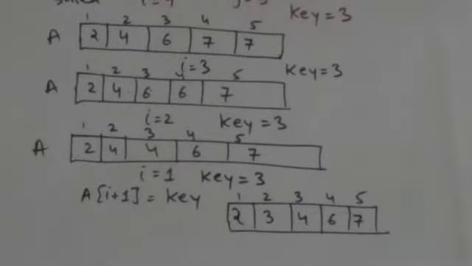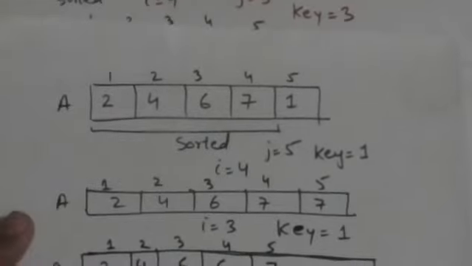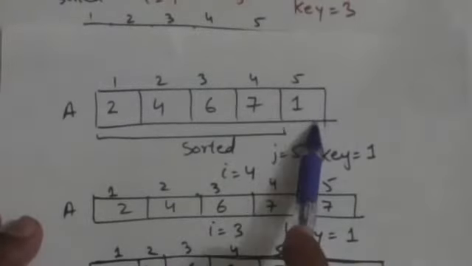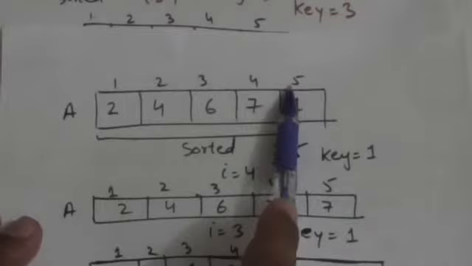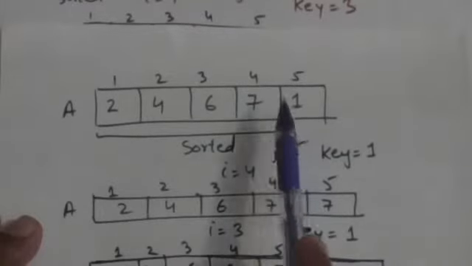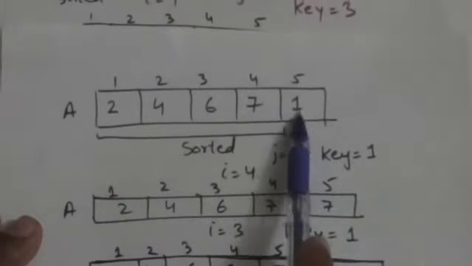Now see one more example. Suppose we have to insert this element which is stored at index 5 in this array A at the proper place in the sorted elements which are at the left of this element.